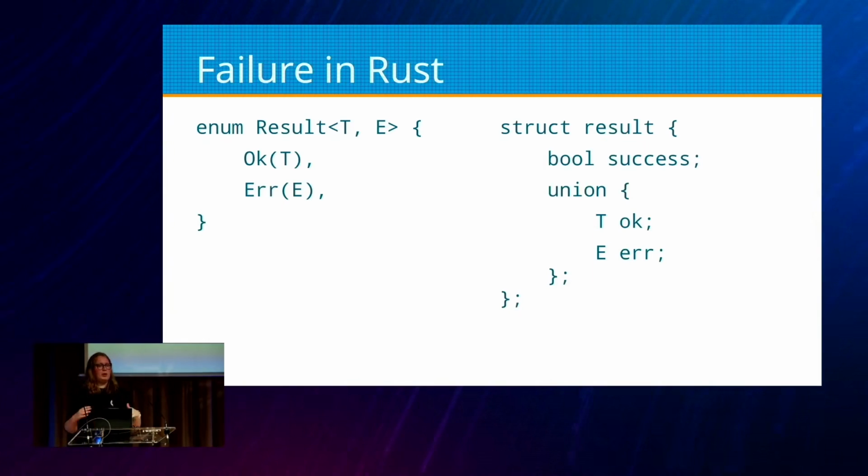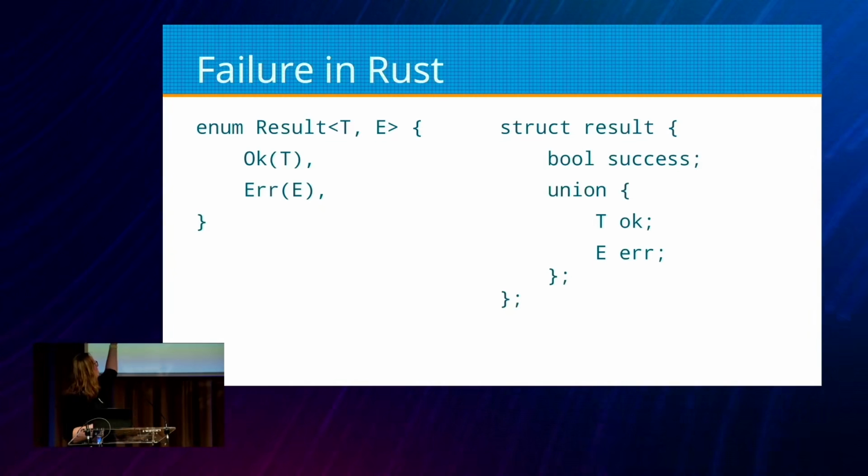And so we might say, okay, we have this thing that's either successful or a failure. Let's say we use a Boolean for that. And when it's successful, then we have this union, and so it can contain one of the two, right? It can contain an OK or an error, but not both, because they use the same memory. And so if it's successful, then we have the OK, and if it's an error, then we have the error.